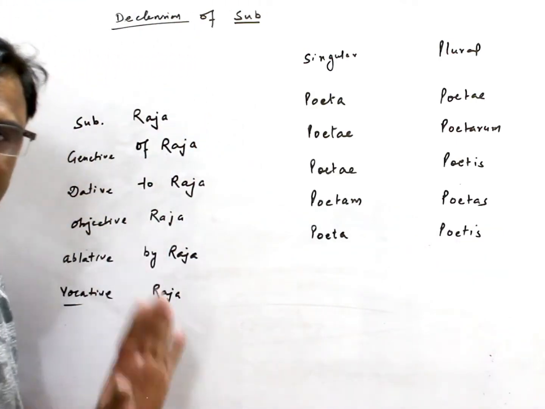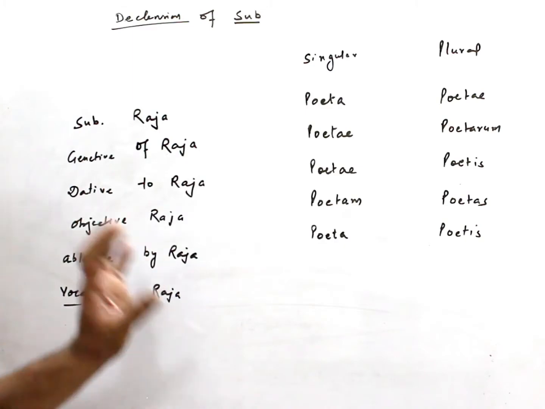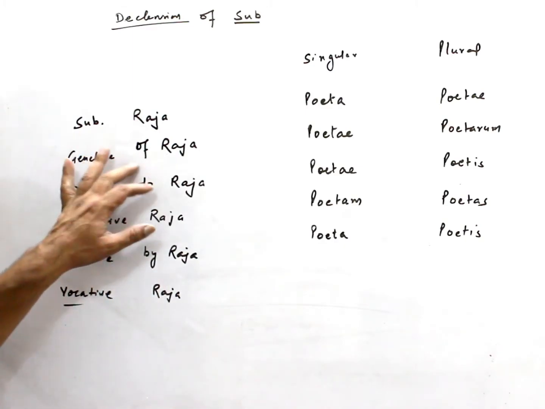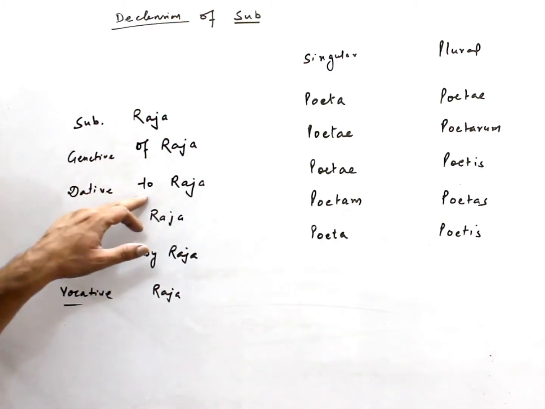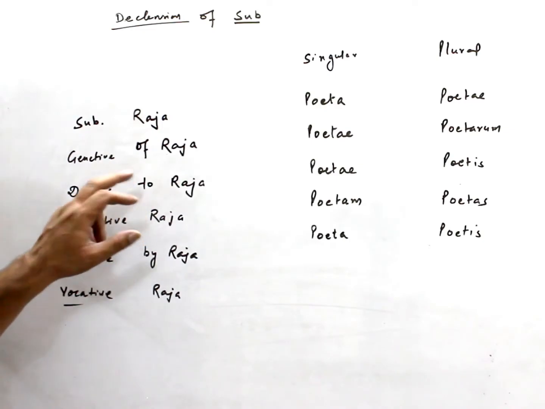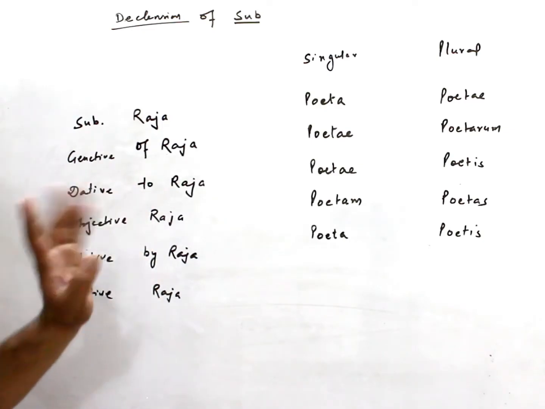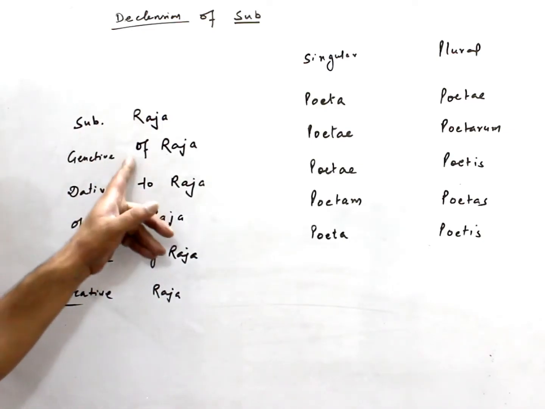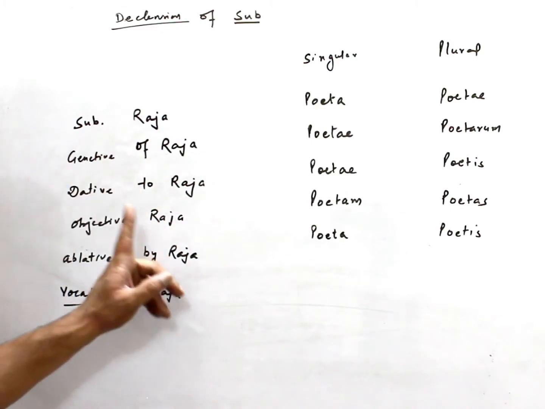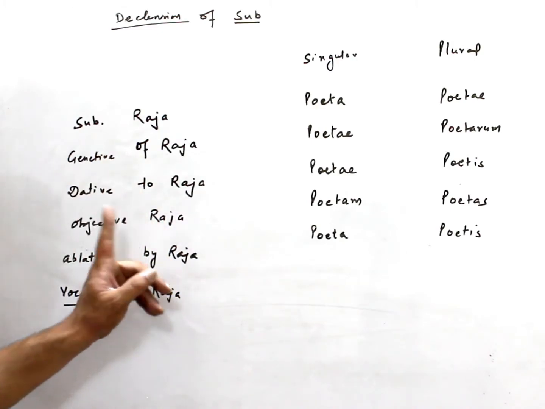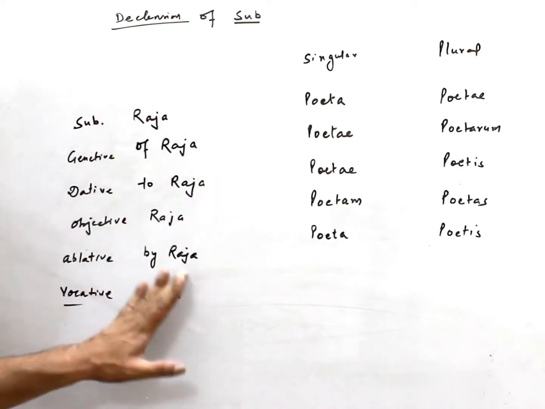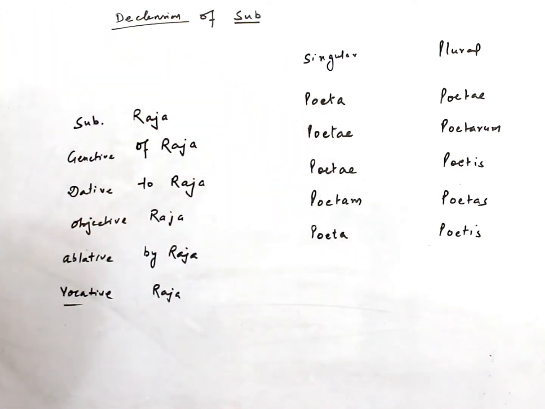So it is the same like Raja, Raja ke liye, Raja ko, Raja ke dwara. Like this there are declensions.